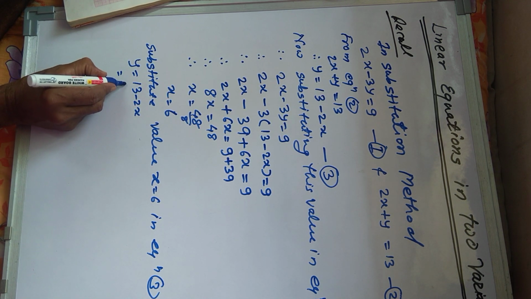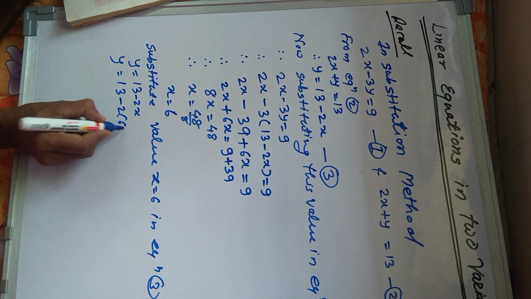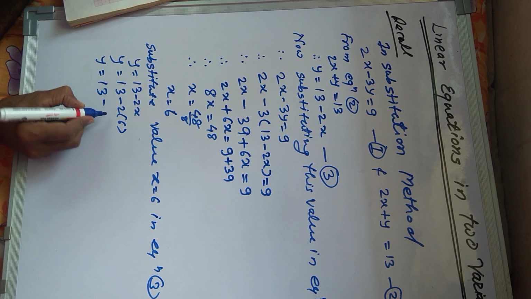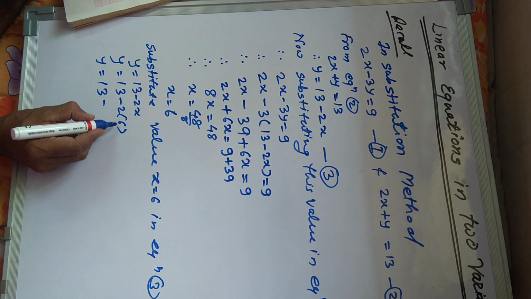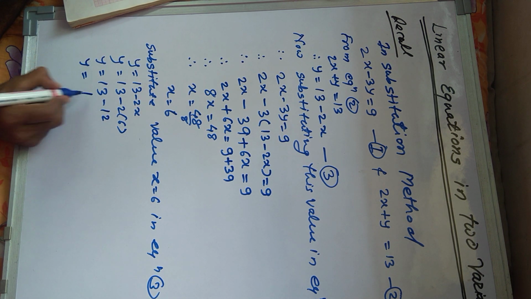That means y is equal to 13 minus 2 into bracket x. Hence y is equal to 13 minus 2 into 6, which is 12. Hence y is equal to 1.